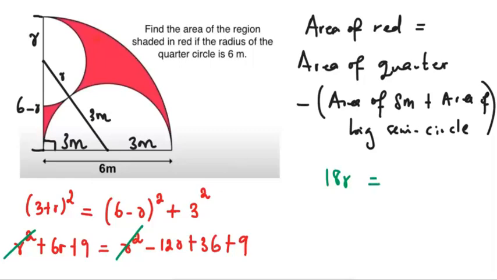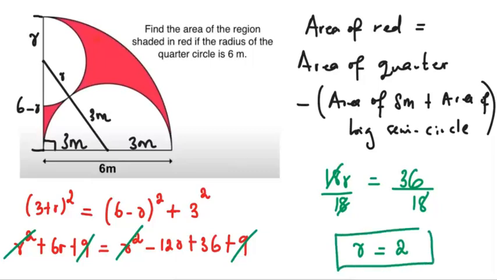This is going to be equal to 36, as the positive 9s get cancelled from both sides. So we divide both sides by 18, which is the coefficient of R. 18 gets cancelled with 18. We get R is equal to 36 by 18, giving us 2. Awesome. So we have that the radius of this small semicircle is 2 meters. So I think we're good to go.